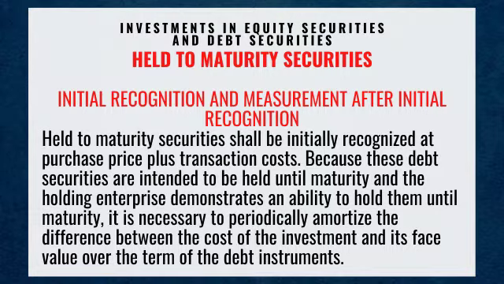Held to maturity securities. Initial recognition and measurement after initial recognition. Held to maturity securities shall be initially recognized at purchase price plus transaction costs, because these debt securities are intended to be held until maturity and the holding enterprise demonstrates an ability to hold them until maturity.